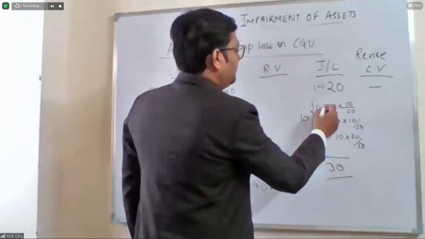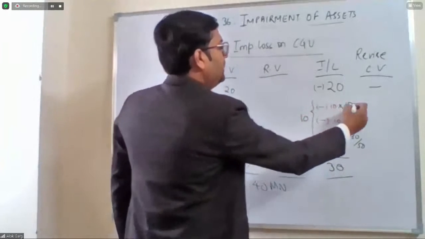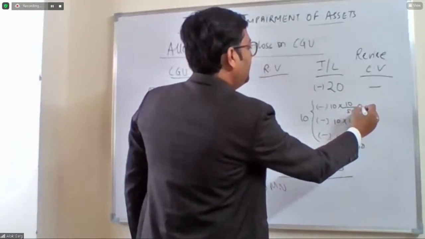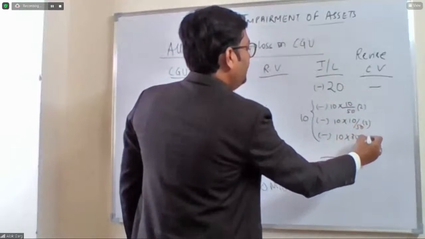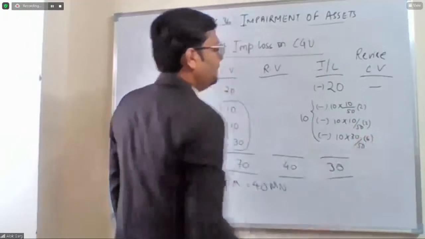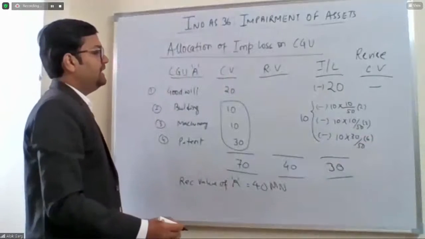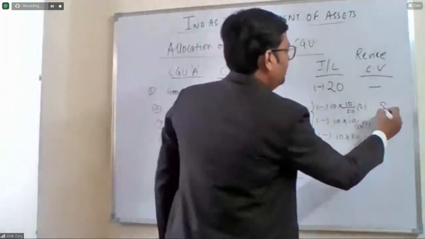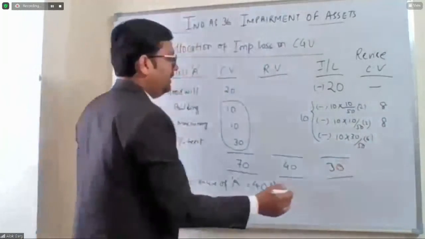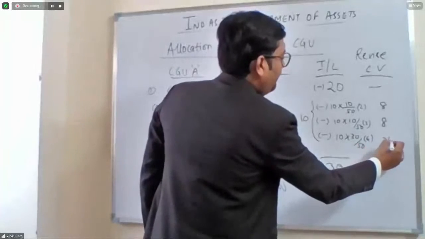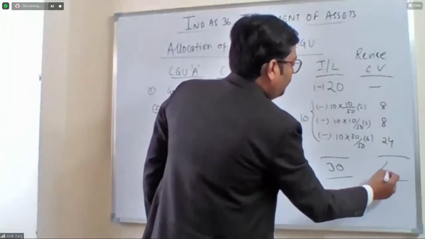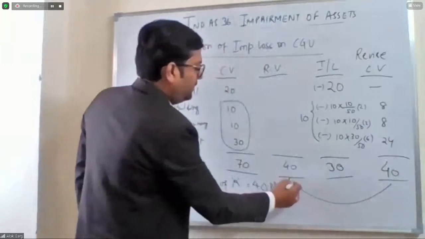It is 2 million, 2 million, and it is 6 million. Okay. So what is the revised carrying value? 8 million, 8 million, and 30 minus 6, 24 million. So what is the total? The total is 40.